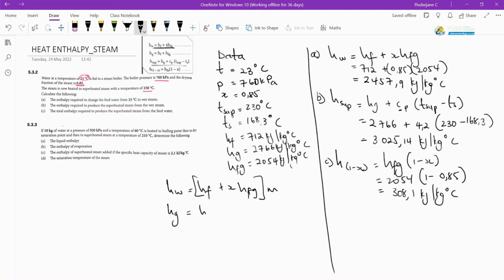All these equations will be multiplied by m. Did you get that? Perfect.